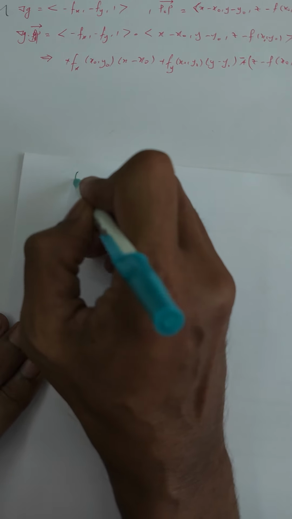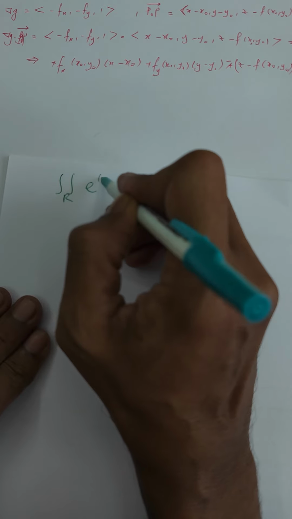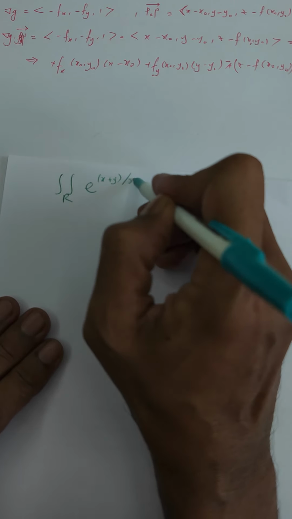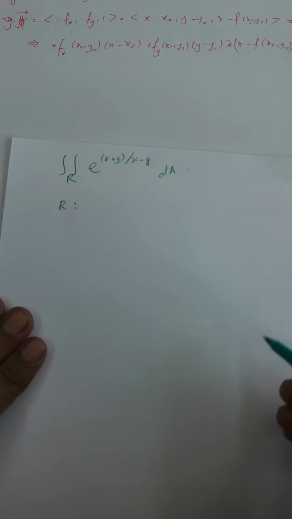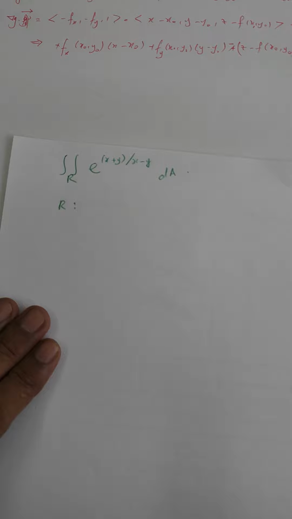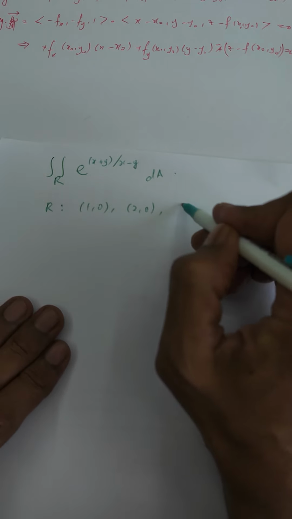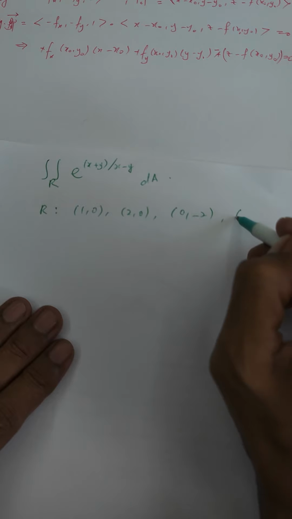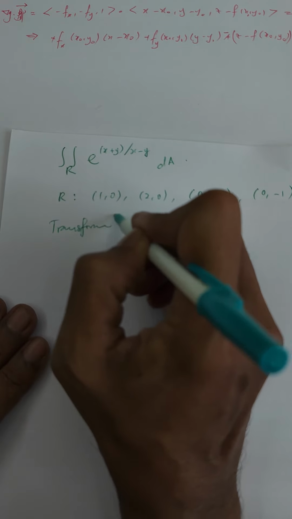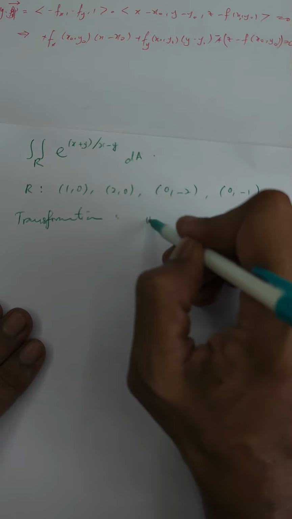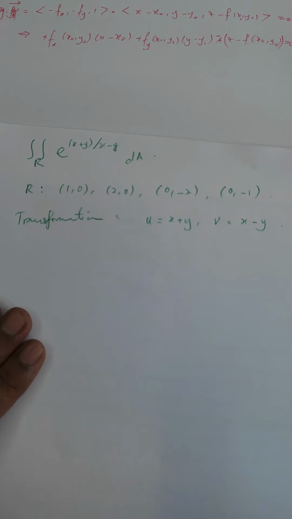Let's say we want to evaluate the integral over R of x e to the power of (x plus y) over (x minus y) dA, where your R is given by the trapezoid with vertices (1,0), (2,0), (0,-2) and (0,-1), and the transformation is u equal to x plus y and v equal to x minus y.